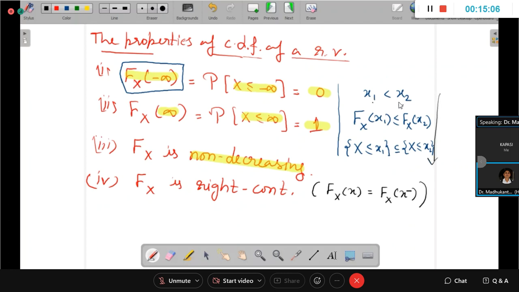If you take x1 less than x2, any two real numbers related this way, then certainly if you draw the graph, it is easy to follow that the set X less than or equal to x1 is a subset of X less than or equal to x2. And since probability is a monotonically non-decreasing function, the probability of X less than or equal to x1 is less than or equal to the probability of X less than or equal to x2. So it follows.